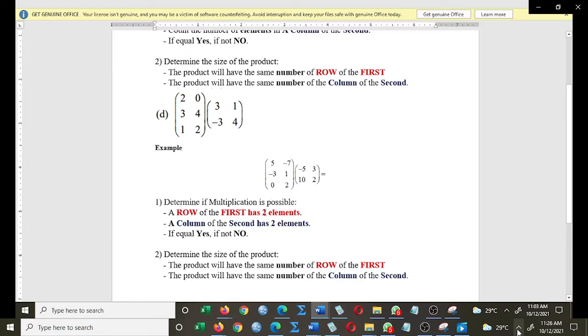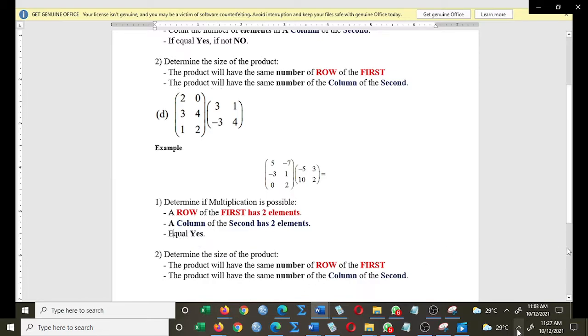Go to the second matrix and look at the column now. How many elements do you see in the column? 2. Exactly. So yes, multiplication is possible.